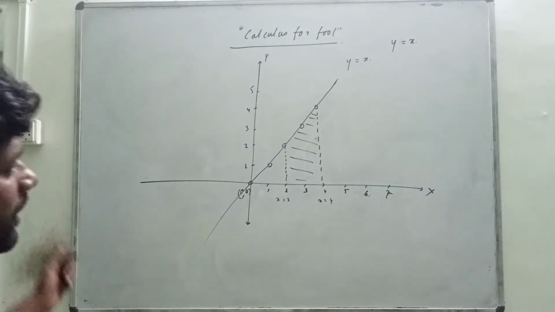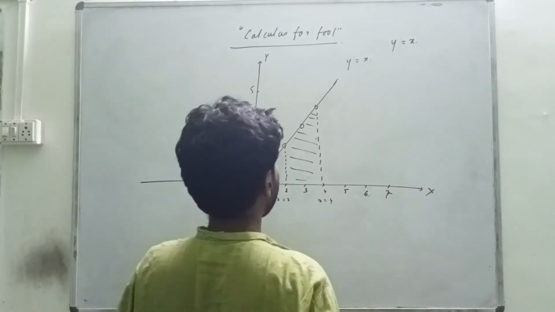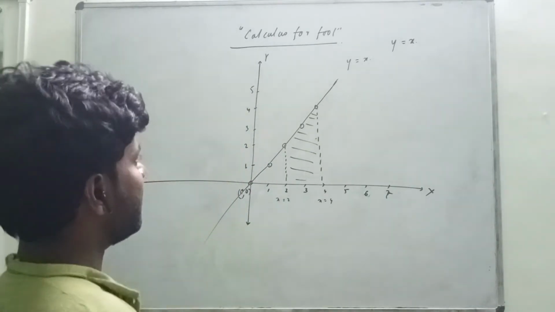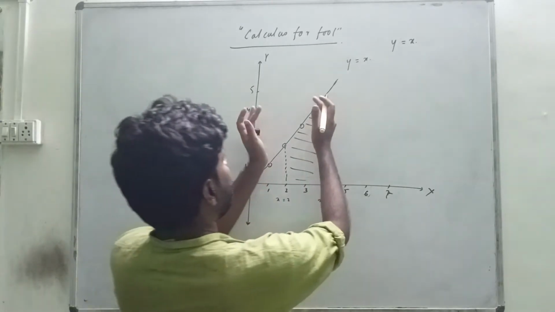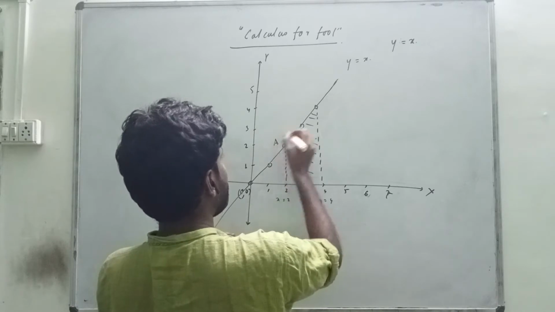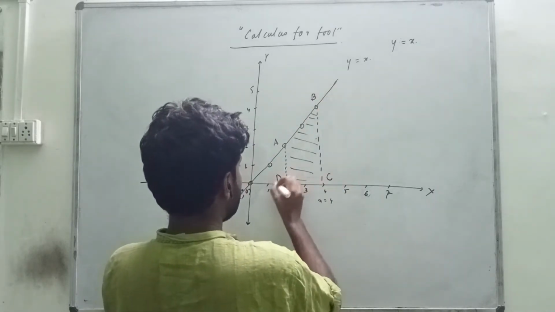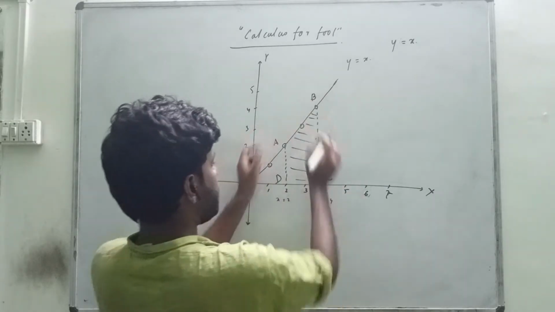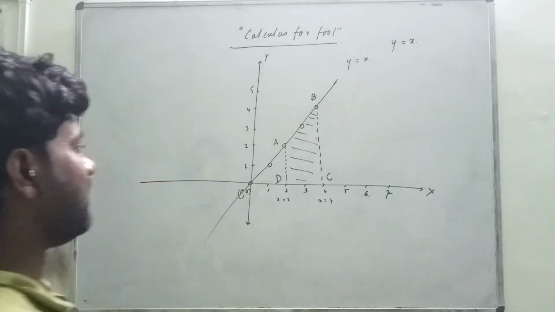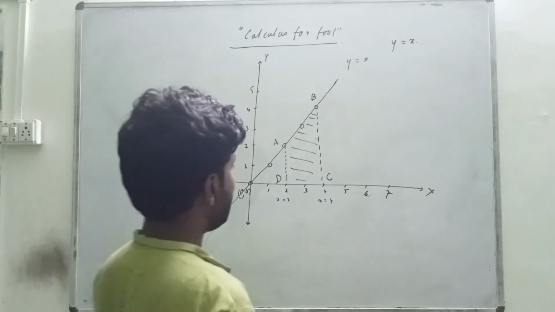There is one way to do this. If you are very smart, just use a trapezium. I will name it A, B, C, D here. ABCD is a trapezium, and obviously you already know the area of this trapezium, right?